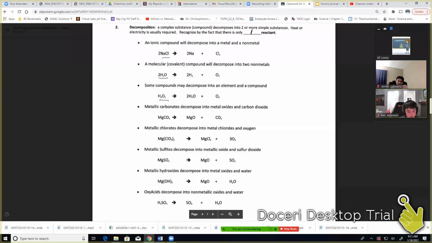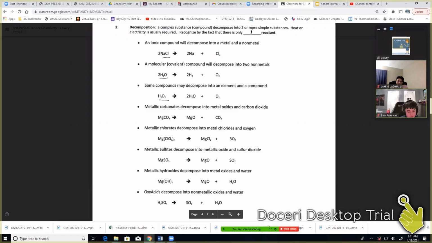Did anybody get out their notes and look at it? I put the single replacement. Okay. But single replacement is going to be a compound plus an element, and it replaces. Was there any of those where it kicks something out of that compound? I kind of chose the easiest ones on that, so hopefully you can go back and look at them. Since I don't feel like people really gave it a try, that's why I'm not going over it.